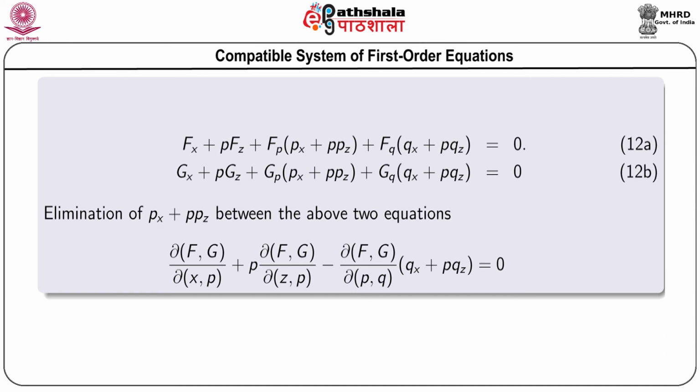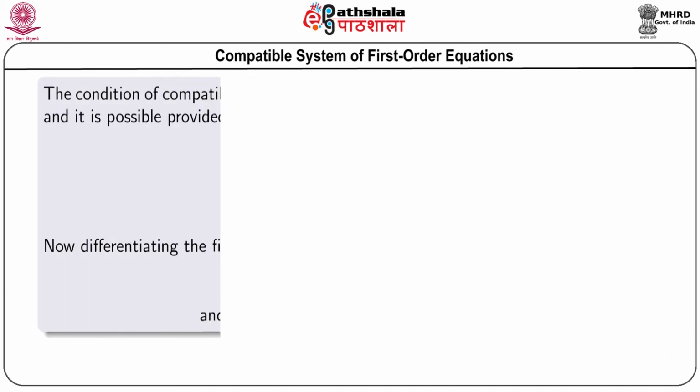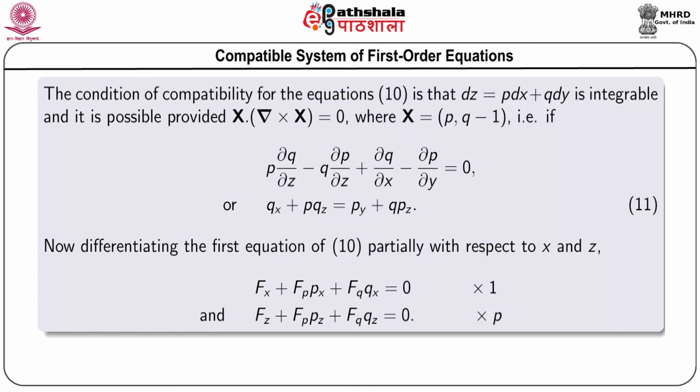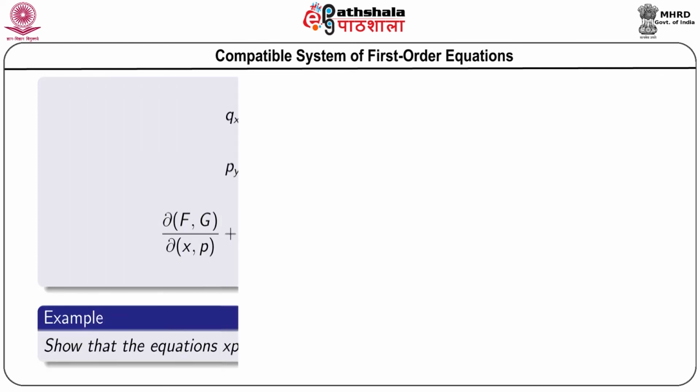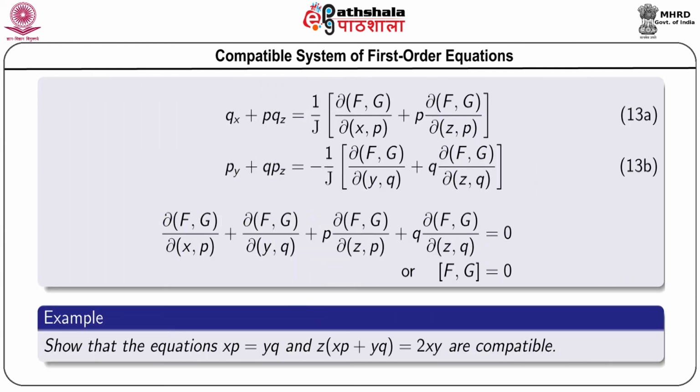And using these expressions, if we substitute them in equation number 13, that means if we put the values of Qx plus P Qz and Py plus Q Pz, we will obtain a functional relation between the functions F and G, which is written here.